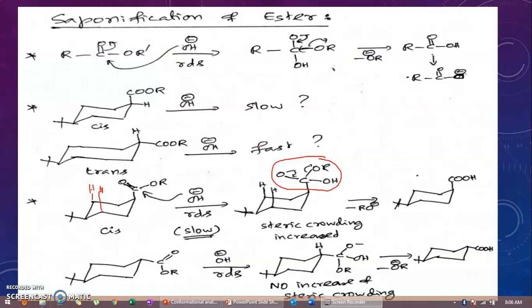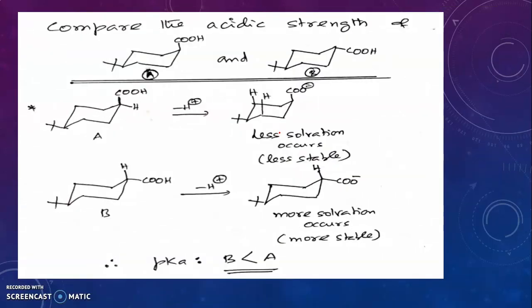Okay, then the next question is, compare the acidic strength of this. This is actually cyclohexane carboxylic acid, and on the fourth carbon we have a tertiary butyl group. So, 4-tertiary butyl cyclohexane carboxylic acid.